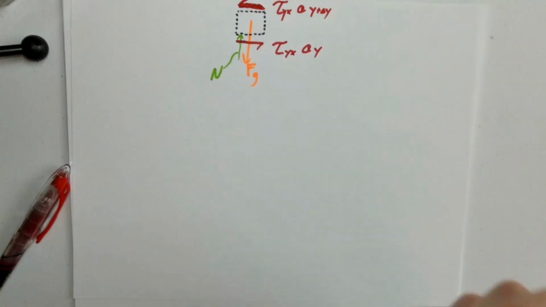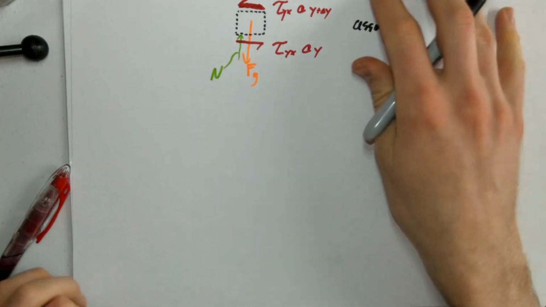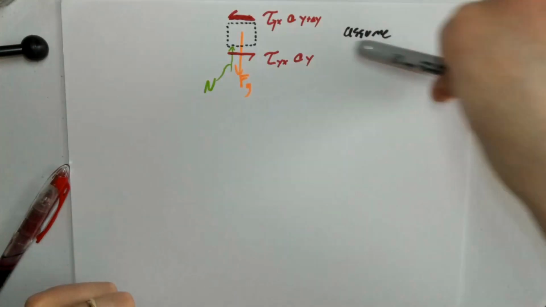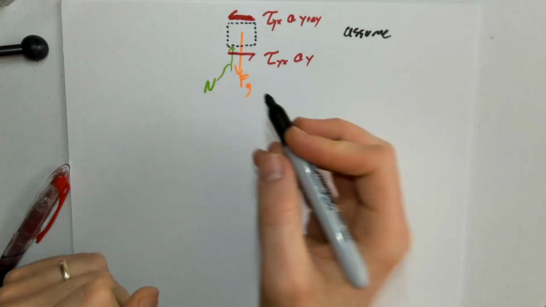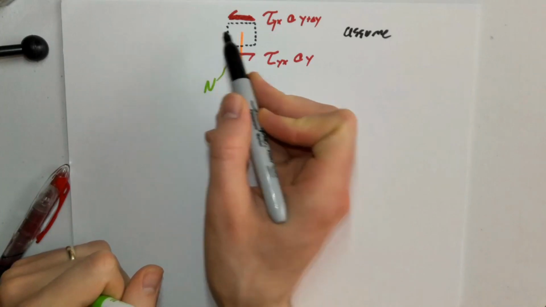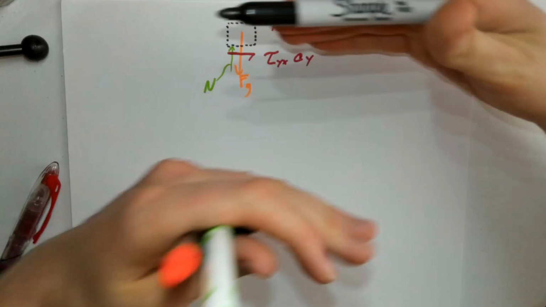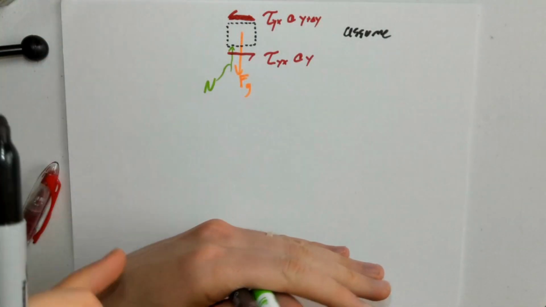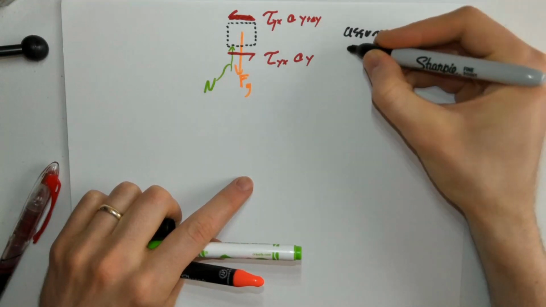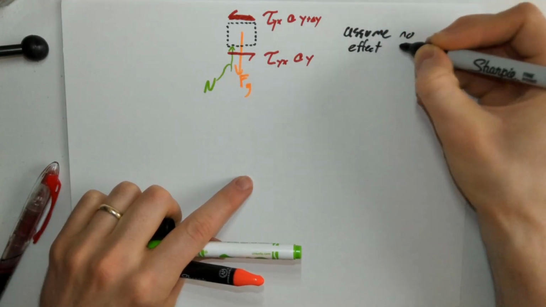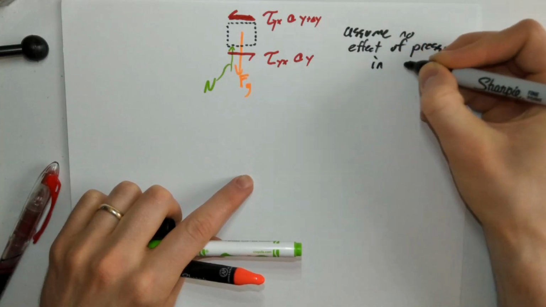We're going to assume there are no pressure gradients in the x direction. Pressure gradients is a term we'll talk about later, but we're basically assuming there's no pressure pushing on this side or this side. We're just moving the plates. We're not trying to blow the fluid through the plate, and we don't have a pump trying to push the fluid. So we're assuming no effect of pressure in the x direction.